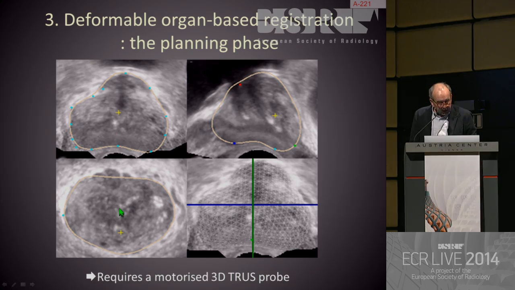You do the same thing with TRUS, but you need a motorized 3D TRUS, a true 3D acquisition, and then the mesh is again applied to the prostate shape contour, and you adjust it with a couple of points. So you deform this mesh so that it can be accurately applied to the prostate contour.